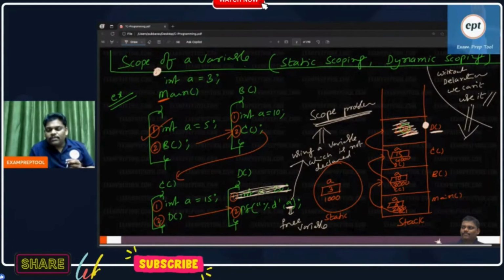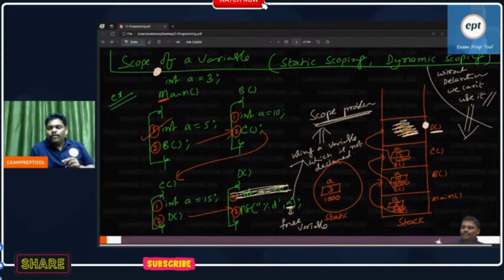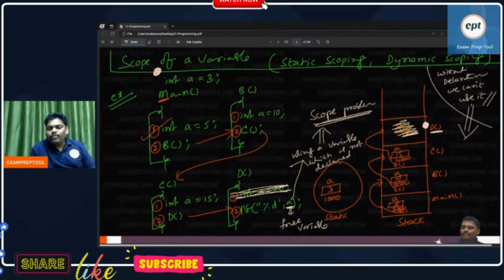In the US, most of the kids are free variables. We don't know. The meaning of this is, most of the kids don't know who their mama and papa are.